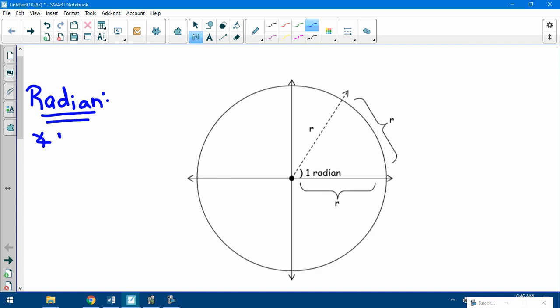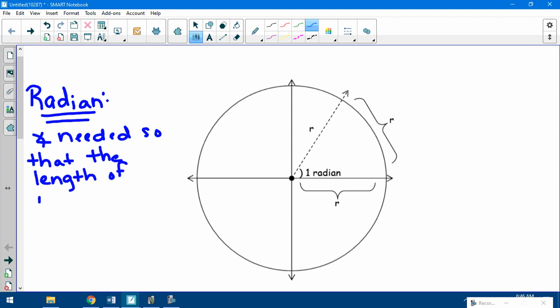It's the angle needed so that the length of the intercepted arc is equal to the radius of the circle.